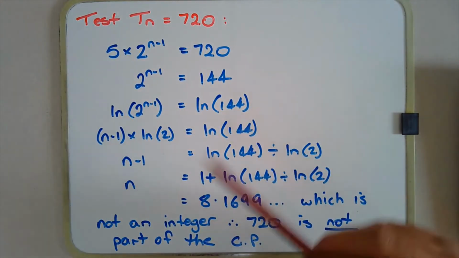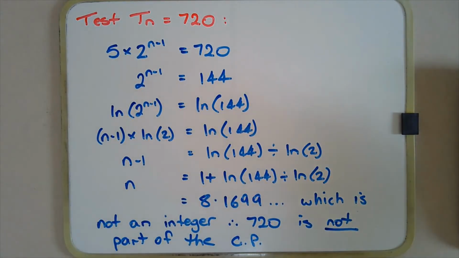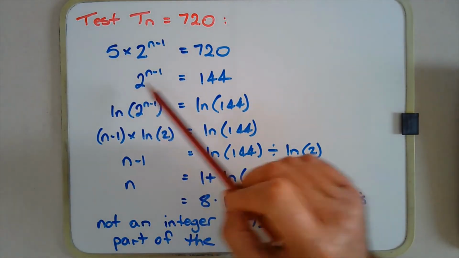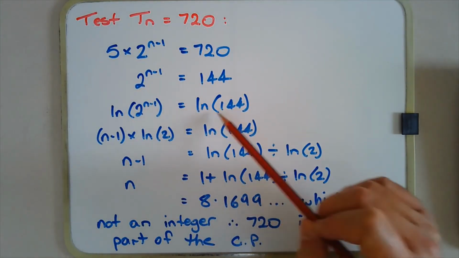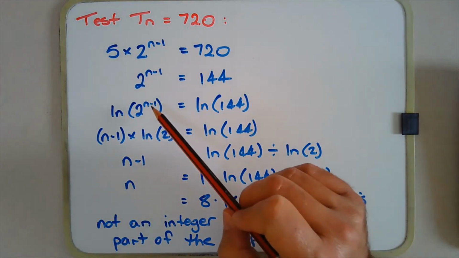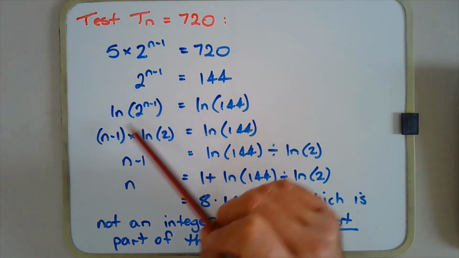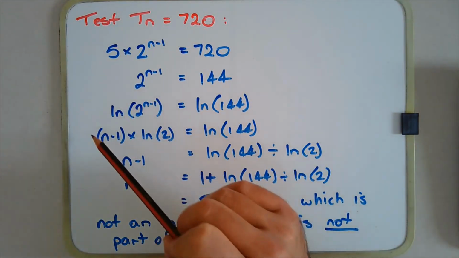However, just for completeness, let's use logarithms here to find the value of n and then show that that value of n is not an integer, nor is it a positive integer for that matter. So taking the natural log of both sides, ln of 2 to the power of n minus 1 is equal to ln of 144. Applying log law number 3, we can take the n minus 1 out to the front.